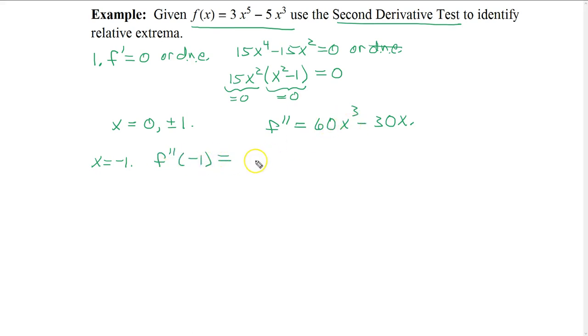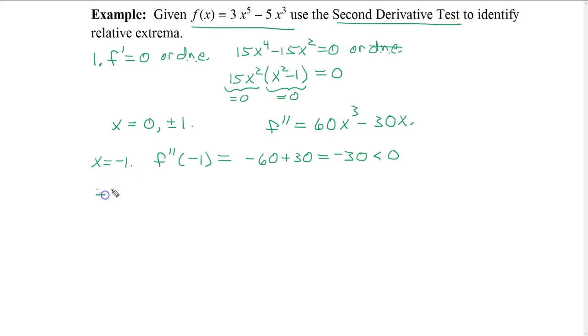So putting -1 in here, -1 cubed is negative, so we're going to get -60, minus 30 times -1, that's going to be -30, so plus 30. And we get back -30, which is less than 0. So our graph is concave down at x equaling -1, and so therefore this is a relative maximum.